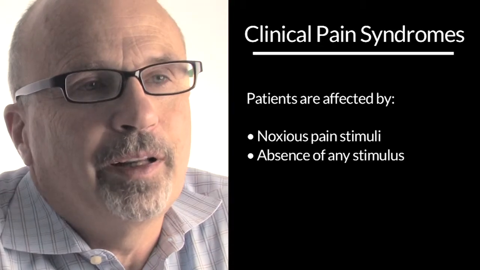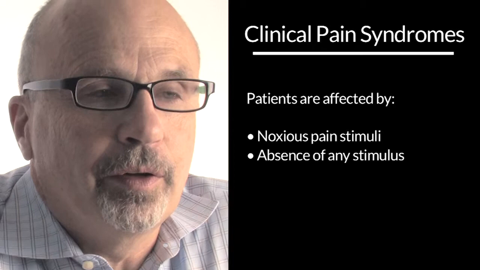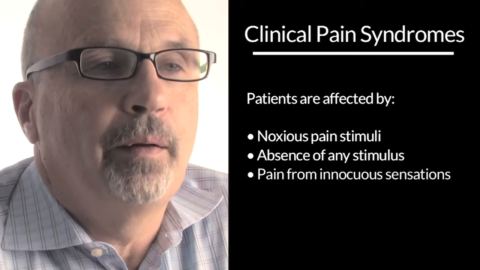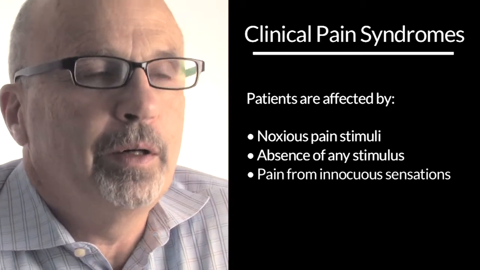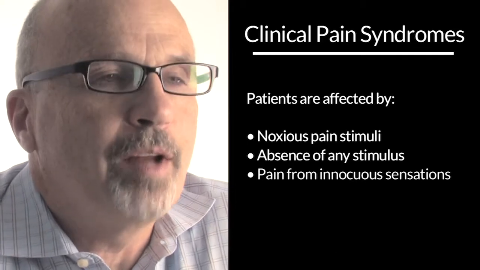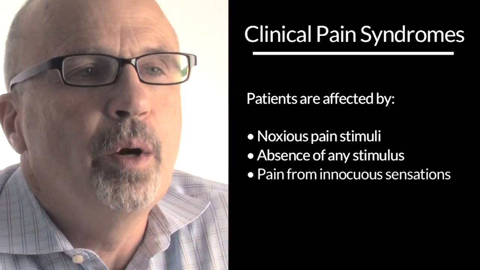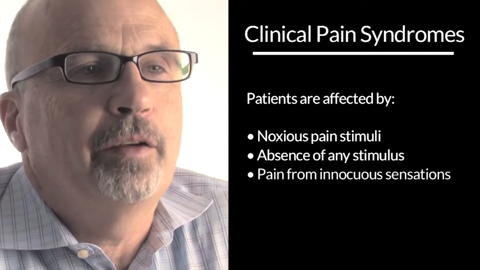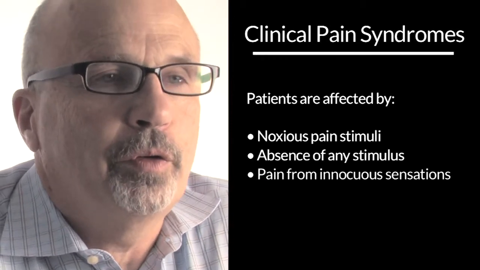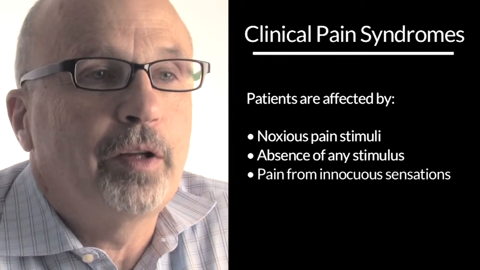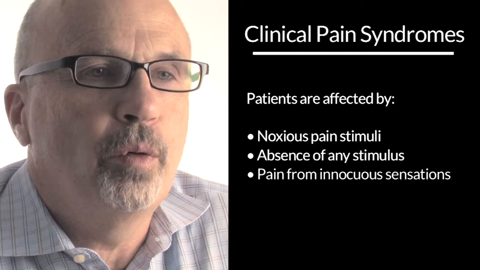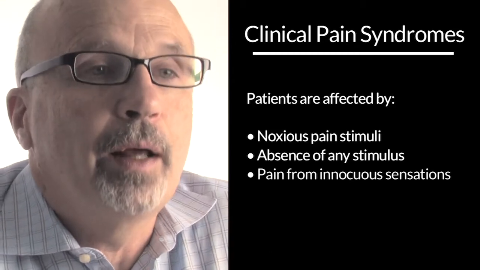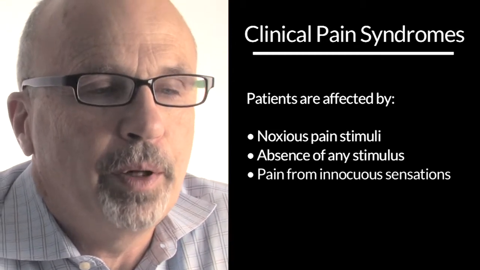Another major feature is heightened sensitivity. Normally, to feel a sensation of pain, we need to be exposed to an intense or damaging stimulus, a noxious stimulus, whereas in patients, a stimulus that would normally produce in us an innocuous sensation, such as light touch or pressure or movement of a joint, now can be intensely painful in a patient.